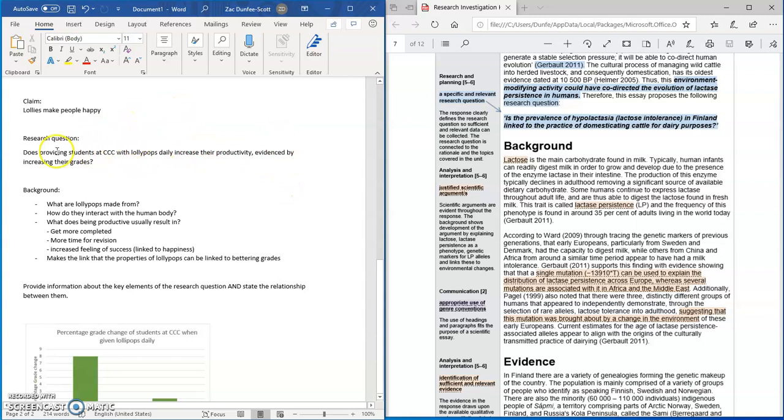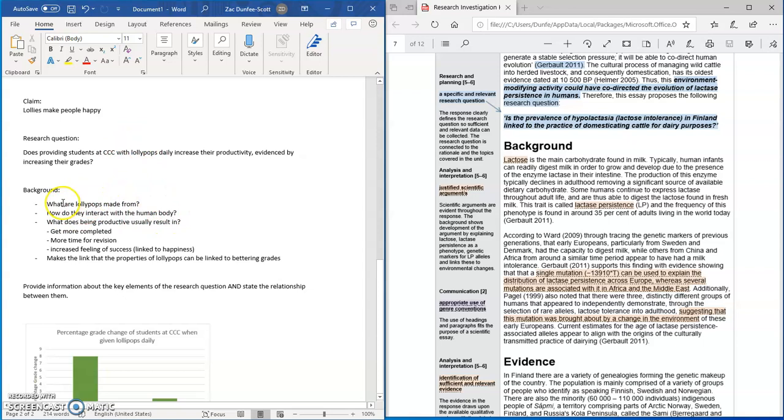The key elements of this research question are, first and foremost, lollipops. We're saying that lollipops are increasing productivity by enticing the kids to have better grades. So, what are lollipops made from? What is in lollipops? How are these lollipops impacting the human body?